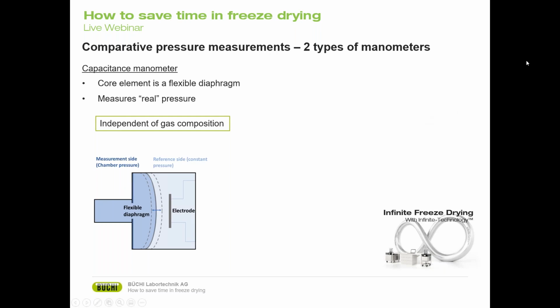When we change chamber pressure, the diaphragm shifts, the distance between the two elements changes, and therefore we have a change in capacitance, which you can use to measure the pressure. What is very important here is that the capacitance manometer is independent of gas composition. That's why it's also usually used to generally control the freeze drying cycle or the pressure progression during freeze drying.